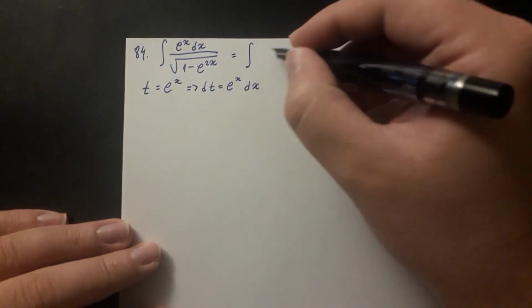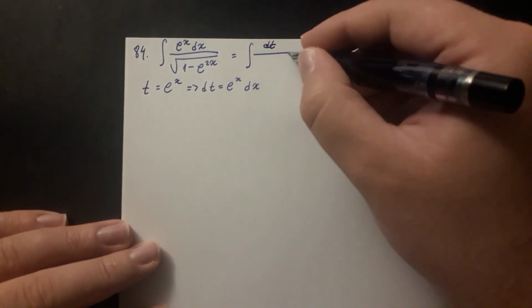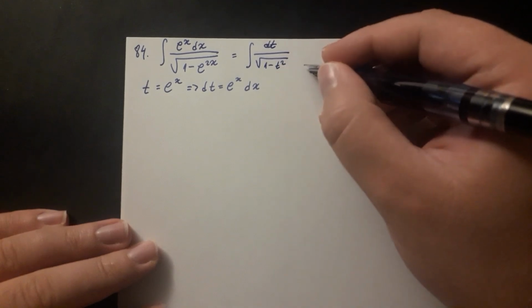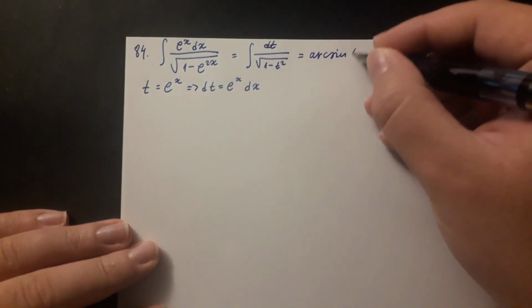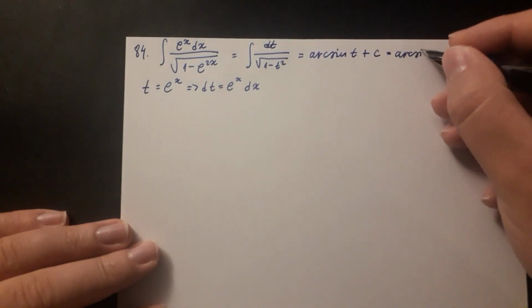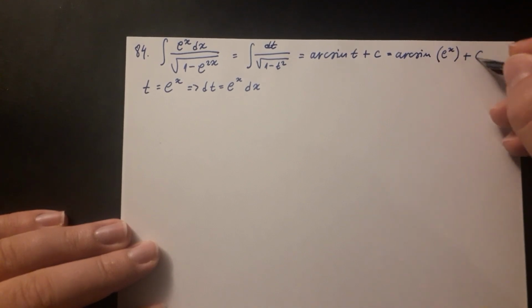This integral is then transformed into dt divided by a square root of 1 minus t squared. This is then equal to arcsine of t plus c, which is equal to arcsine of e to the power x plus c.